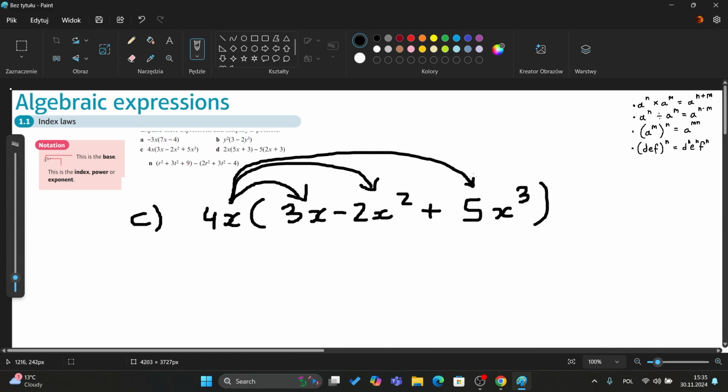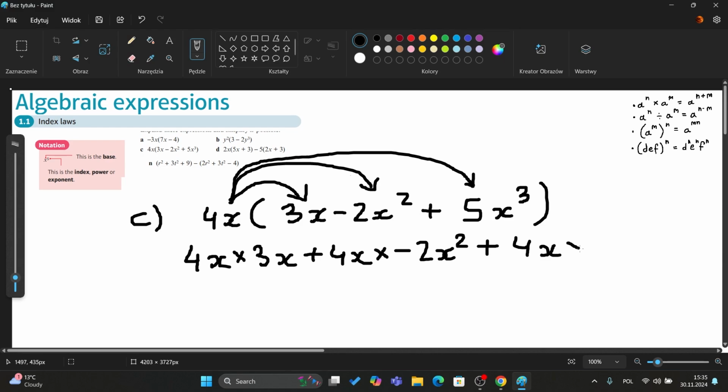We multiply the thing outside of the brackets by every part in the brackets. So that's going to be 4x times 3x plus 4x times minus 2x squared plus 4x times 5x cubed.